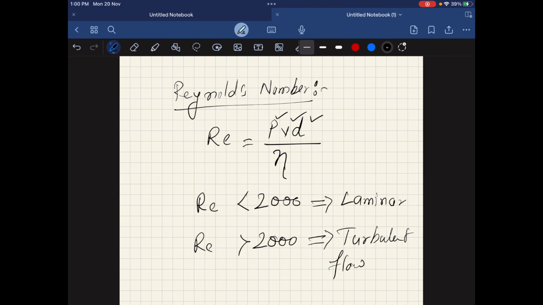Reynolds number less than 2000 means the fluid will be laminar in flow, while Reynolds number more than 2000 says it would be a turbulent flow.